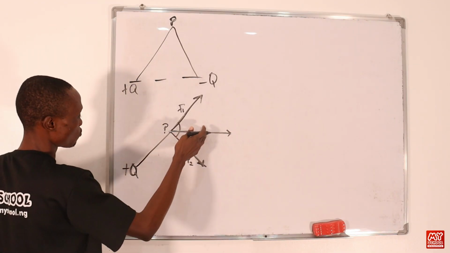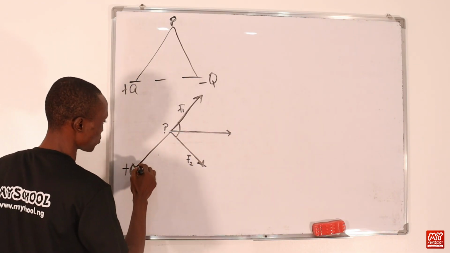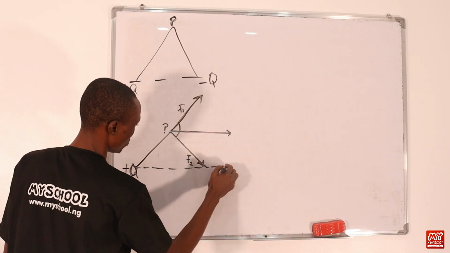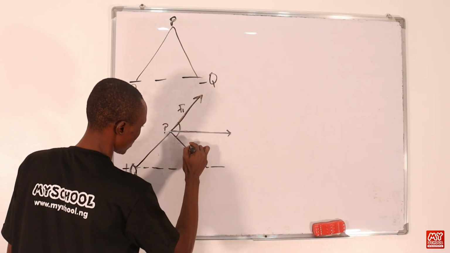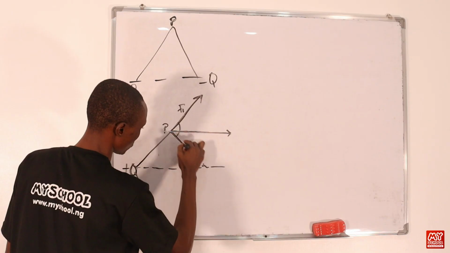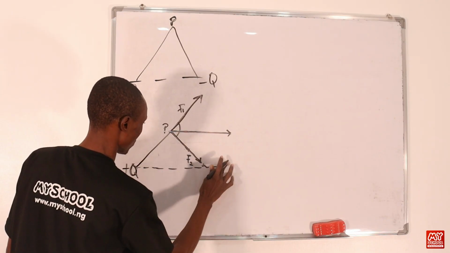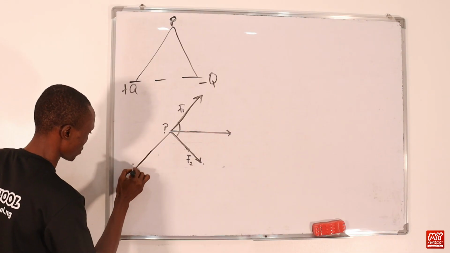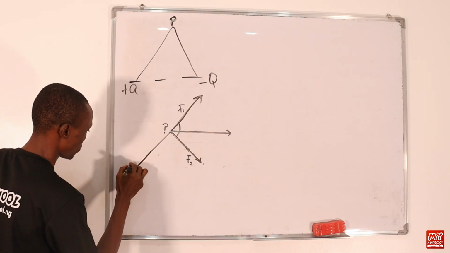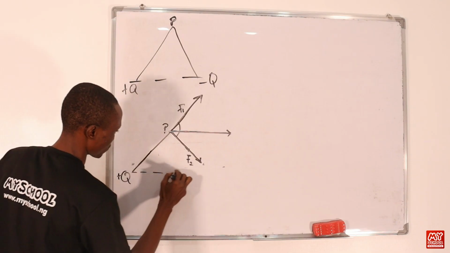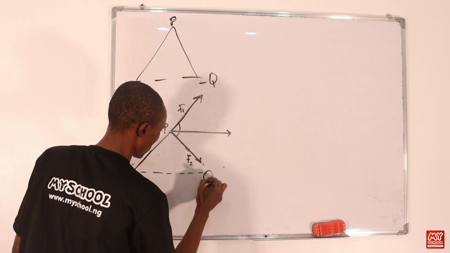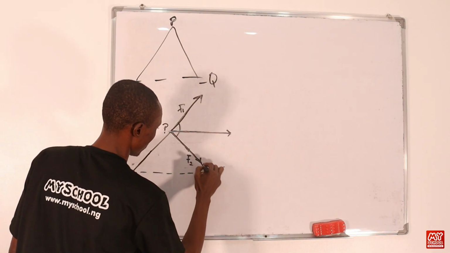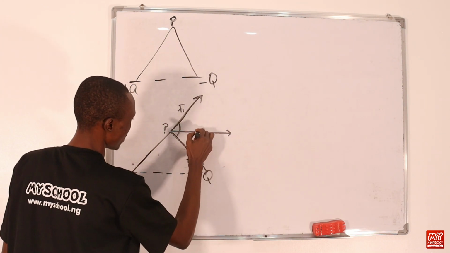This electric field intensity is parallel to the distance between those two charges. Let me shift this downward a little. So here is Q plus, and here is Q minus. So this is our E.